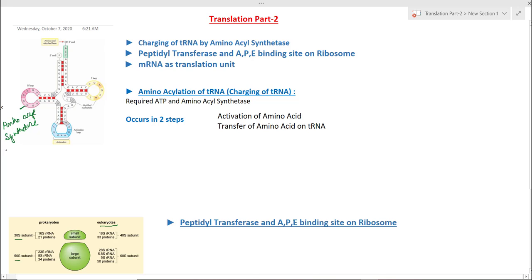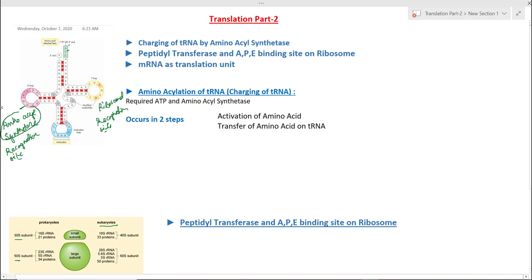And on the T loop there is the ribosomal recognition site. So on the D loop there is the amino acid synthetase recognition site, and on the T loop there is the ribosomal recognition site. What is the function of amino acid synthetase? This is the enzyme required for the charging of tRNA.